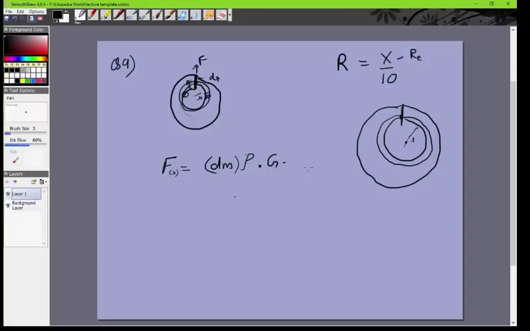G into the mass of this part. The mass of this part will be the total mass of this planet into r cube by R cube. And this will be divided by small r squared. Right, so this is the force, and we need to put in dm as well.